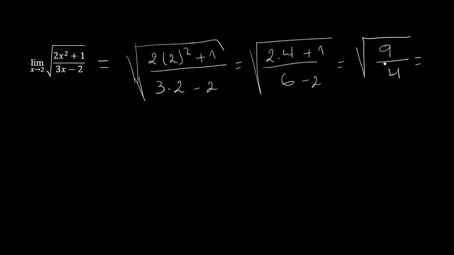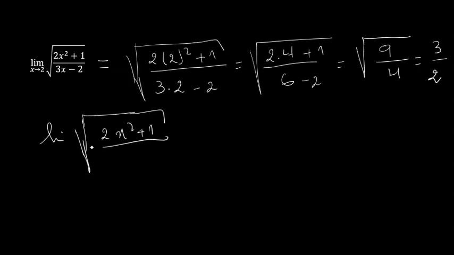The square root of 9 over 4 is 3 over 2. Then the limit of the square root of 2x squared plus 1 over 3x minus 2 when x approaches 2 is equal to 3 over 2.